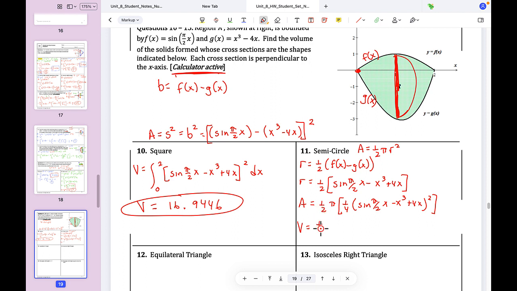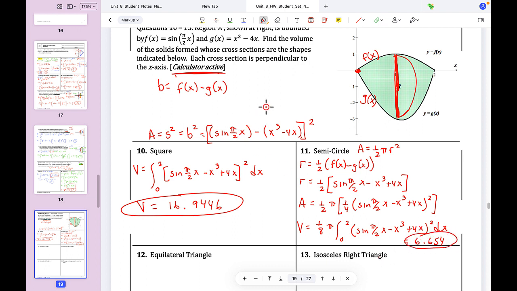So I'm going to bring that 1/2 pi times 1/4, so 1/8 pi, outside, from 0 to 2. And then we have sine pi over 2 x minus x cubed plus 4x squared dx, which is really the same thing that we had over here. So we just take that and multiply it by 1/8 pi, and we get 6.654.